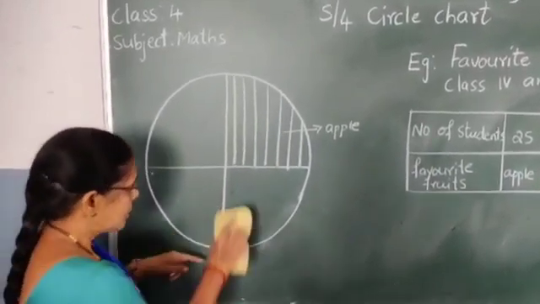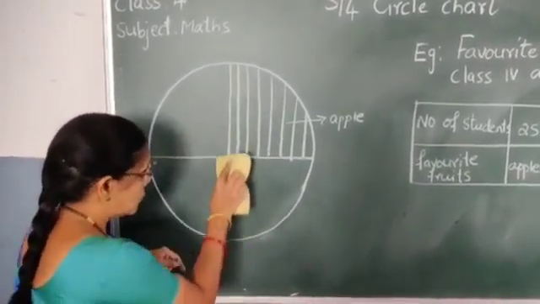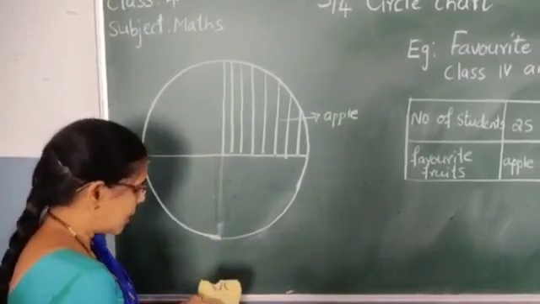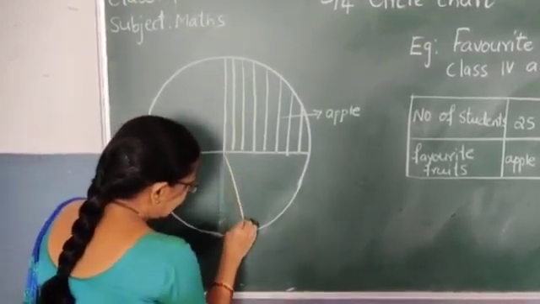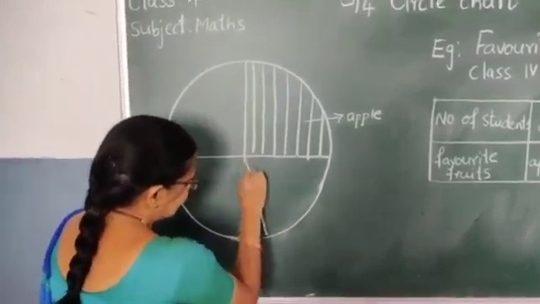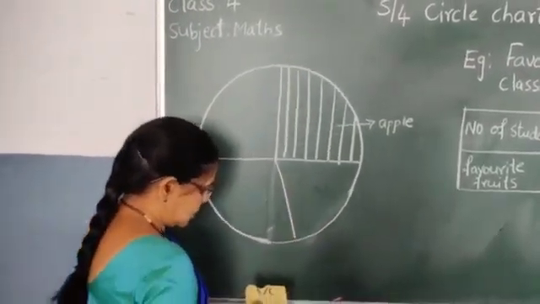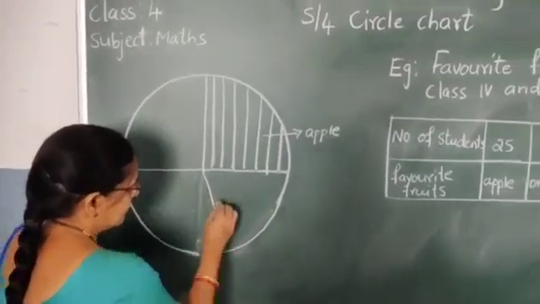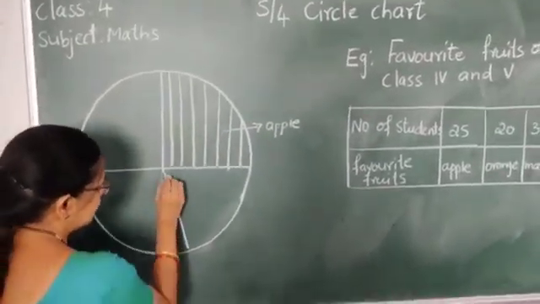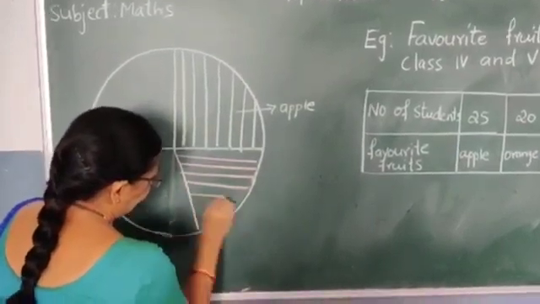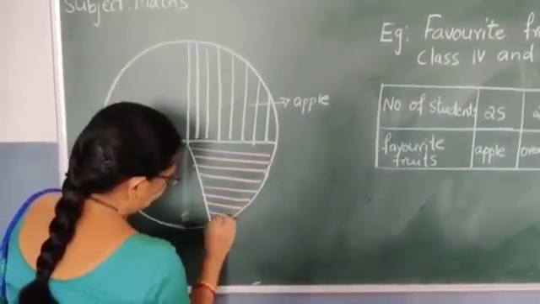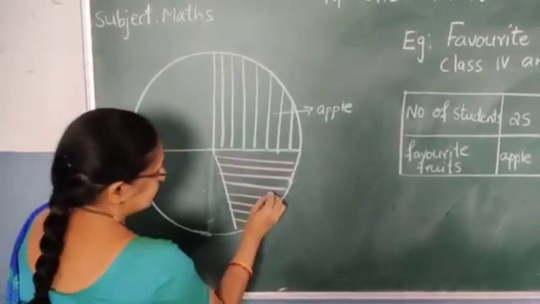So you have to take only 20 students like orange here. So you have to take a little less. Okay, this is 20%. So what is this, children? This is orange.